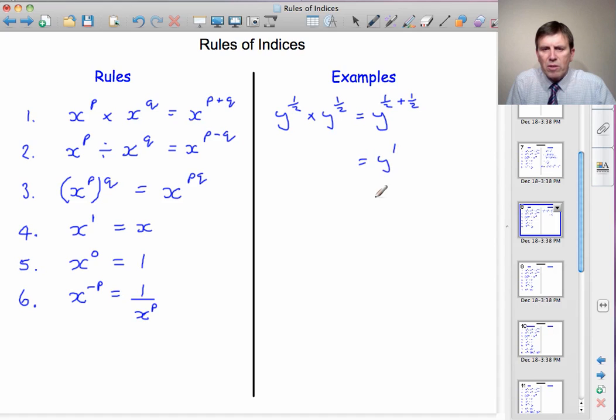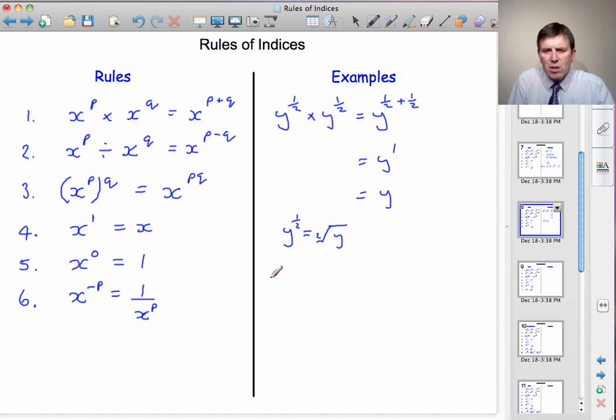A half plus a half is 1. But we've already agreed that by y to the 1 we mean y. So we now have y to the half times y to the half equals y. But that's what we mean by the square root of y. So y to the power a half means the square root of y. And let's put a little 2 there to denote it is the square root.